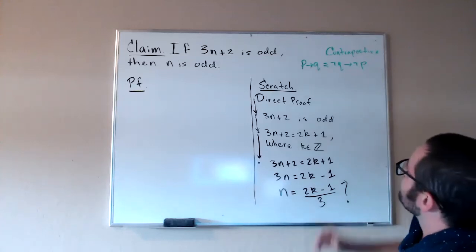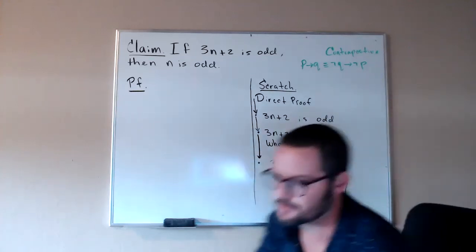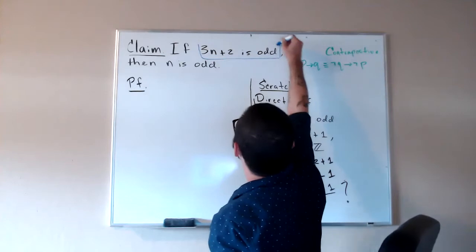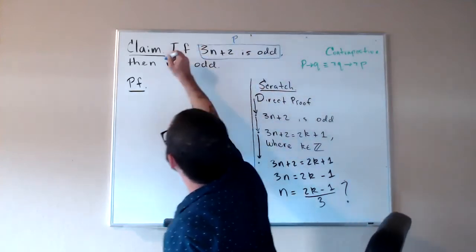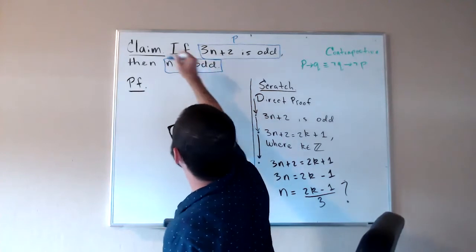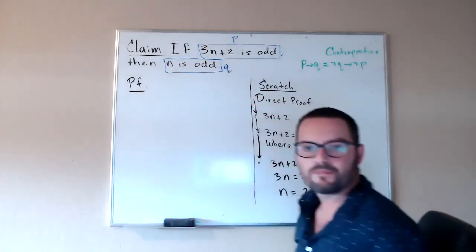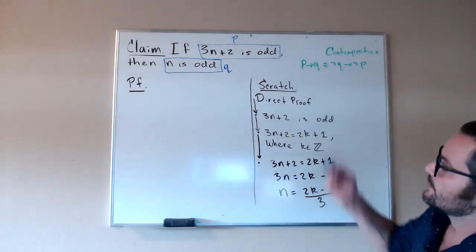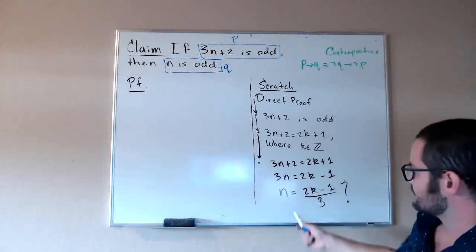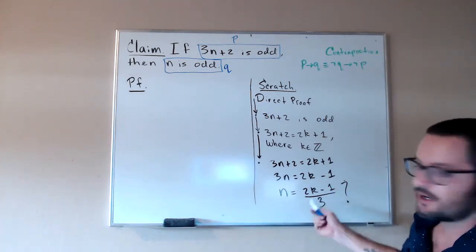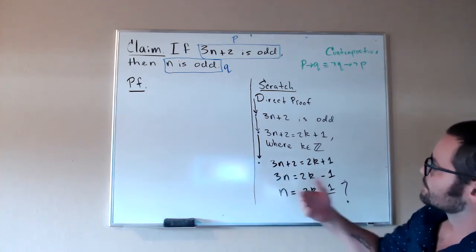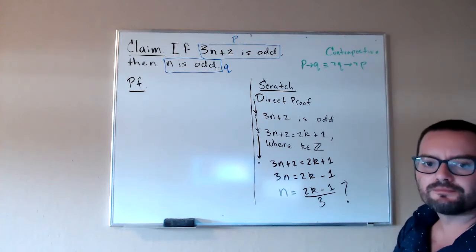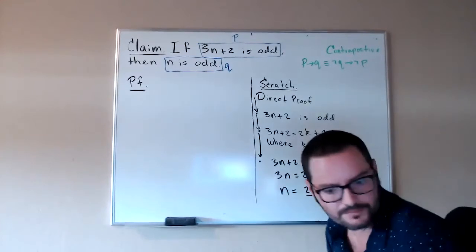If we look at our statement here, we have this conditional: that's our P, and here, that's our Q. If P, then Q. When trying to prove if P, then Q, if we can't directly prove it, because I don't know how to make that look odd, then we can consider the contrapositive of the statement and see if we can prove that.